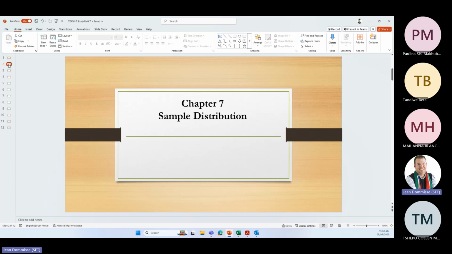The biggest difference in this chapter is that when we work out the Z value, we bring in the sample size.